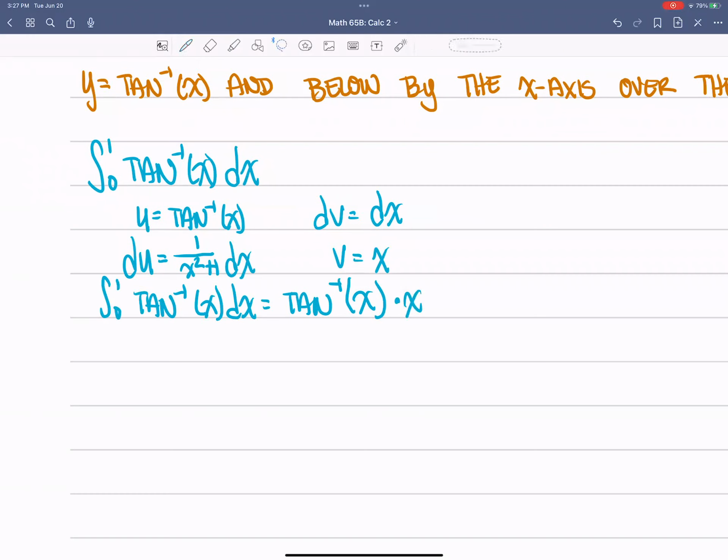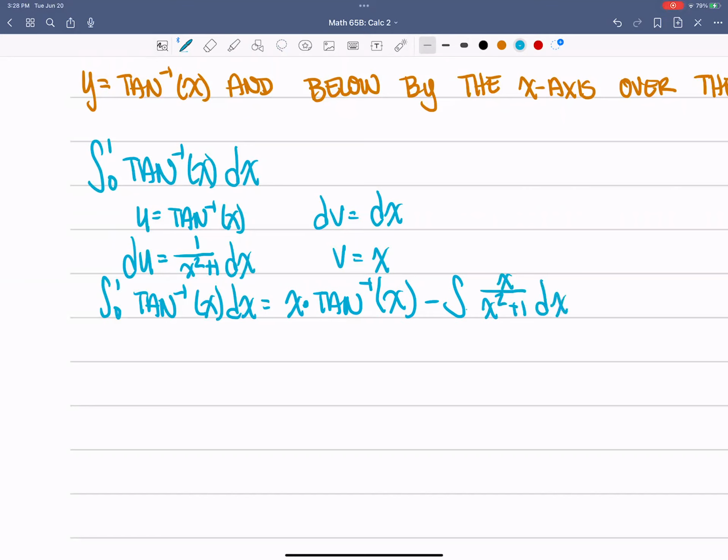We can write that backwards, x tangent inverse of x, and minus the integral of v du. So v du is going to be x over x squared plus 1, in the numerator we have x dx, integrating from 0 to 1. And now this is something that we could just integrate naturally.